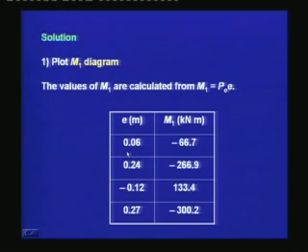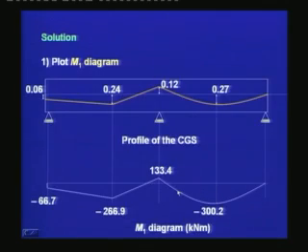If the eccentricity is positive, M1 will be negative. If the eccentricity is negative, then M1 will be positive. Thus, given the profile of the CGS, we are able to calculate the M1 diagram, which has the same variation as the profile of the CGS.